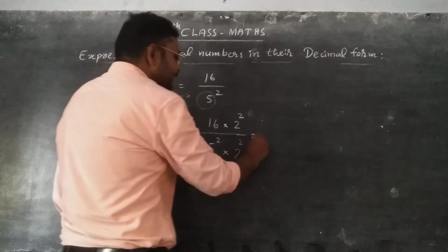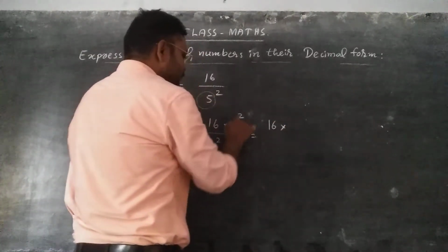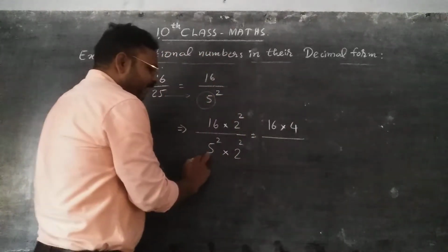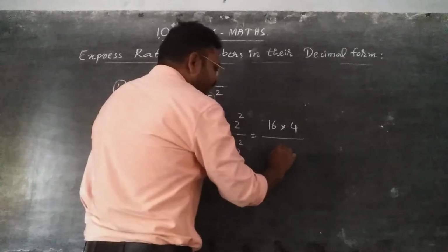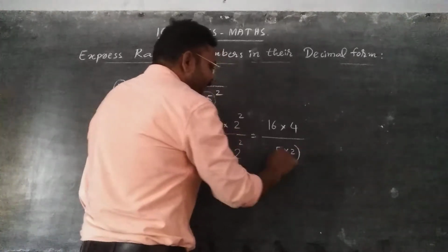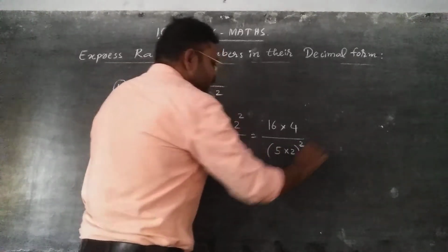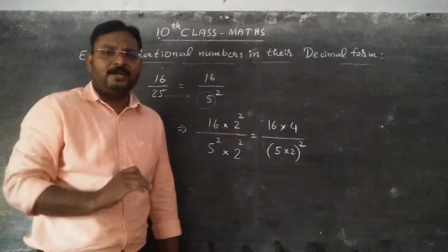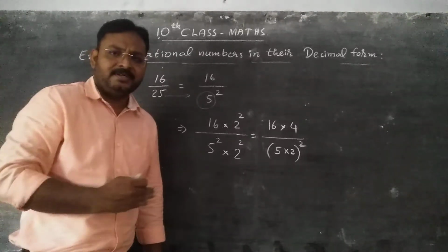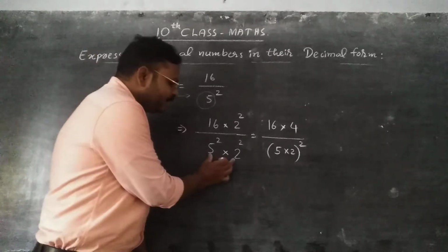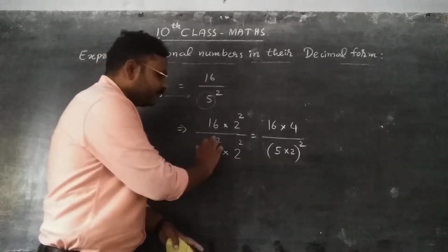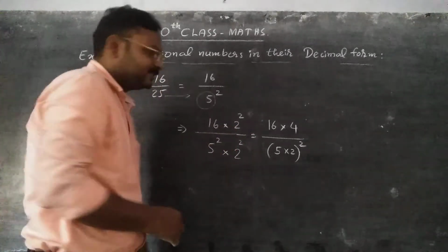Now it is 16 into 2 square, which is 4, divided by 5 into 2 whole to the power of 2. You take a single power for the 2 bases because they have the same power. That is final.